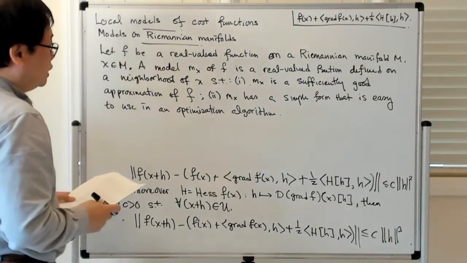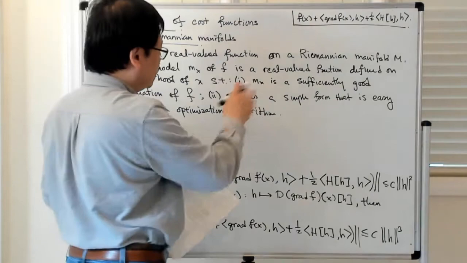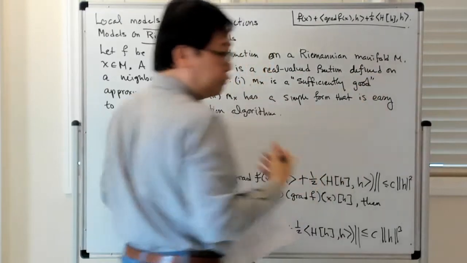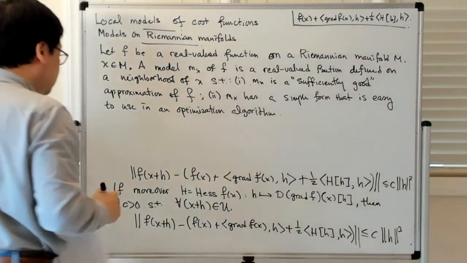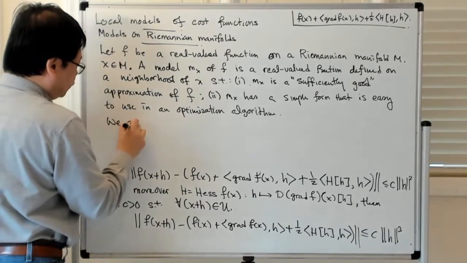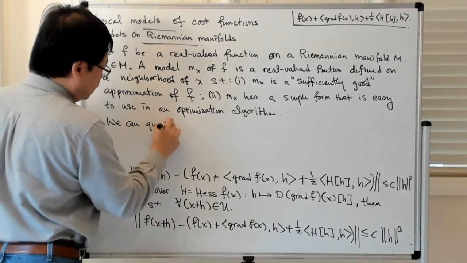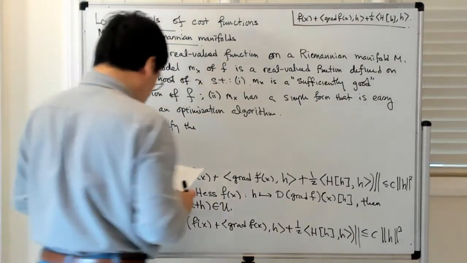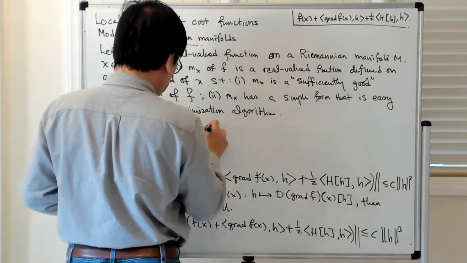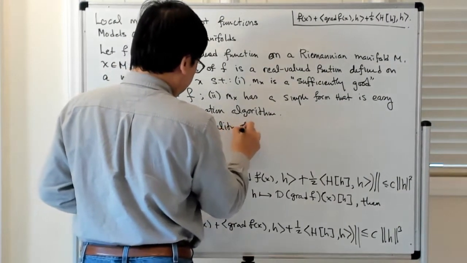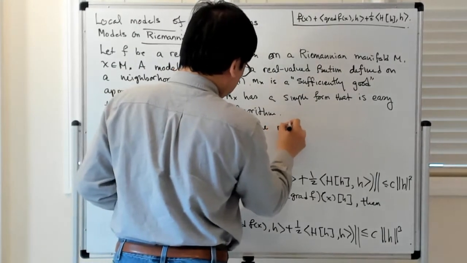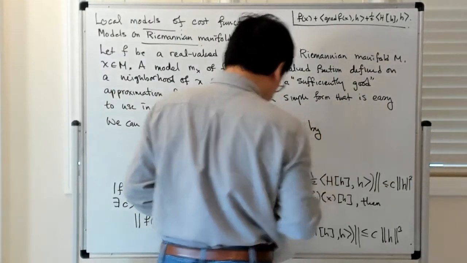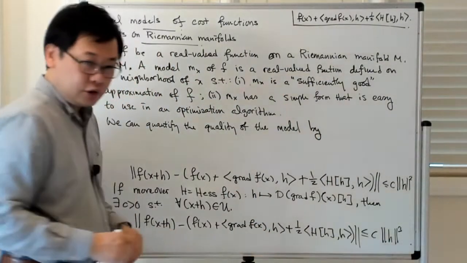All right, so let's try to address the first property, which is the question of "sufficiently good". What do you really mean by this? We can quantify the quality of the approximation, as you see in all these previous propositions.